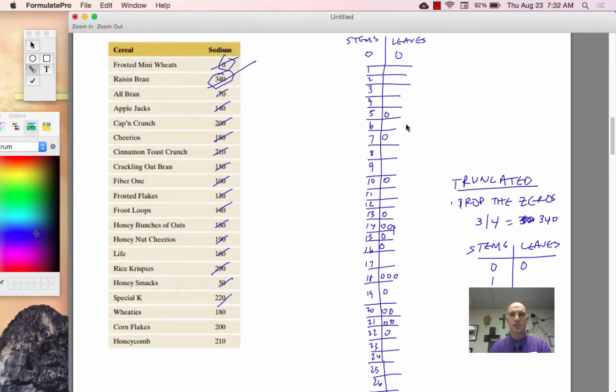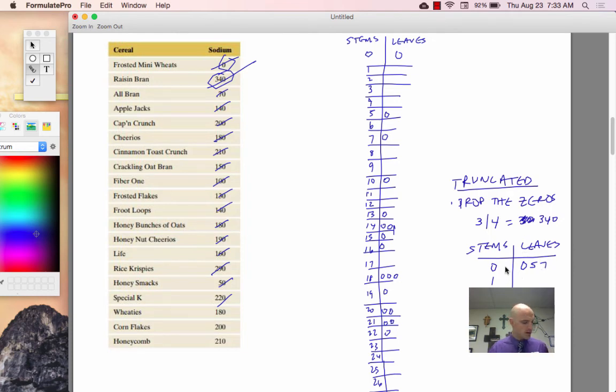That would still be 0, 0. 50 would now be 0, 5. So 50 would be 0, 5, and because I've dropped the 0, 5 would be representative of 50. I also have a 70, so I put a 7 in here.